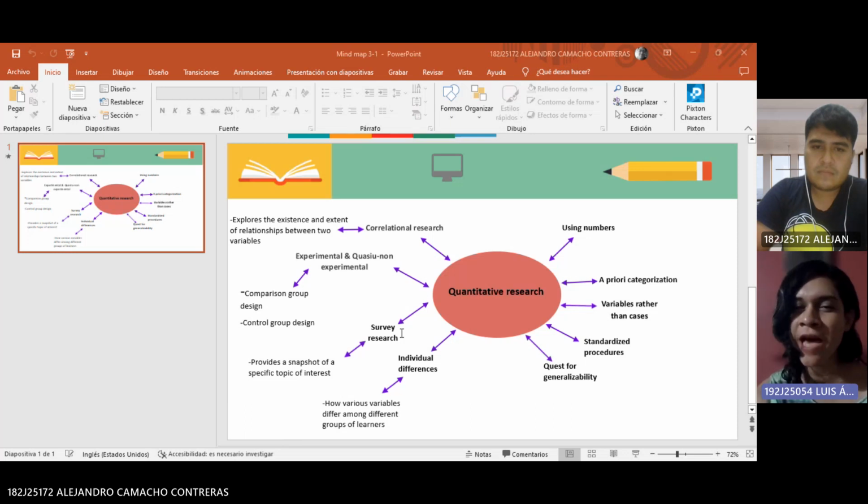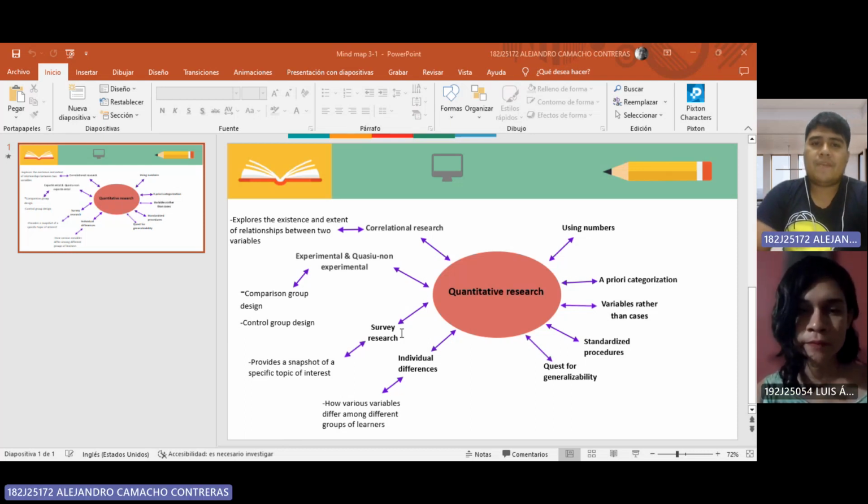This research type includes the recruitment of individuals, collection, and the analysis of data. What do you think? Survey research provides a snapshot of a specific topic of interest using a large sample size. Also, researchers use questionnaires or structured interviews to collect data.